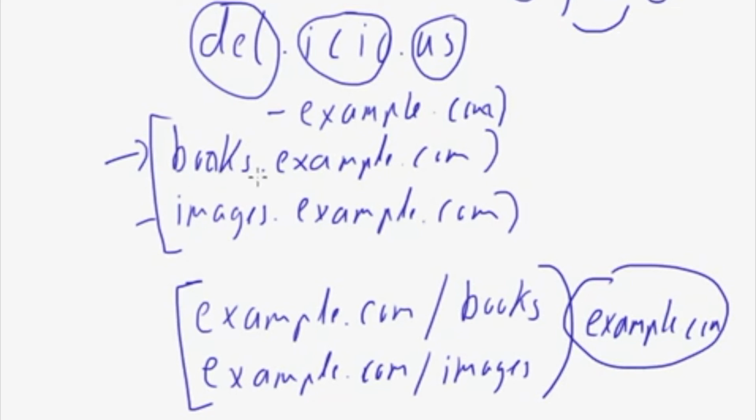A lot of websites use subdomains, like in the Google example, to redirect you to subdirectories, because sometimes subdomains look cleaner and are easier to remember than subdirectories. However, another disadvantage of subdomains is if I forgot the subdomain, if I go and say, okay, instead of books I go book.example.com, I will not get anything.